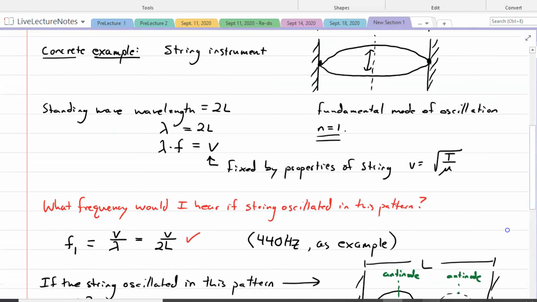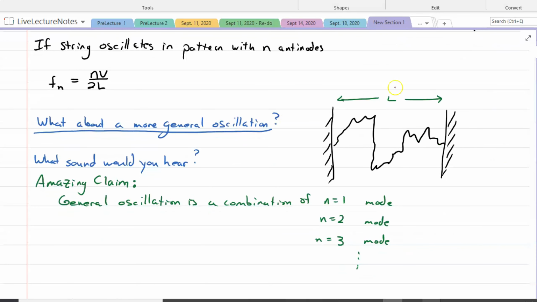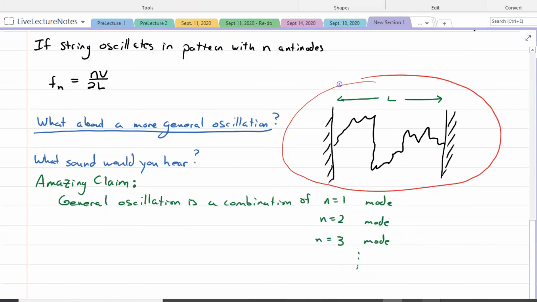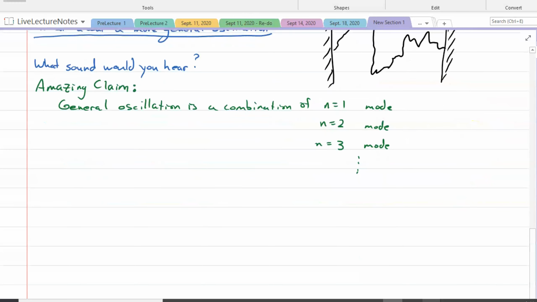And that means that the sound that you hear, which comes out of this here, is really, you're hearing all of those sounds at once: the n equals 1 frequency, the n equals 2 frequency, the n equals 3 frequency. So this sound is a combination.